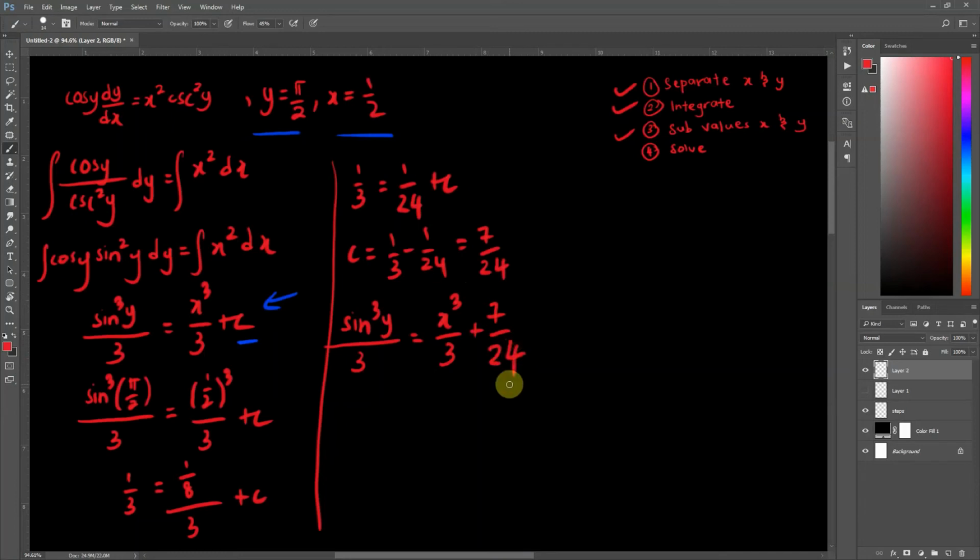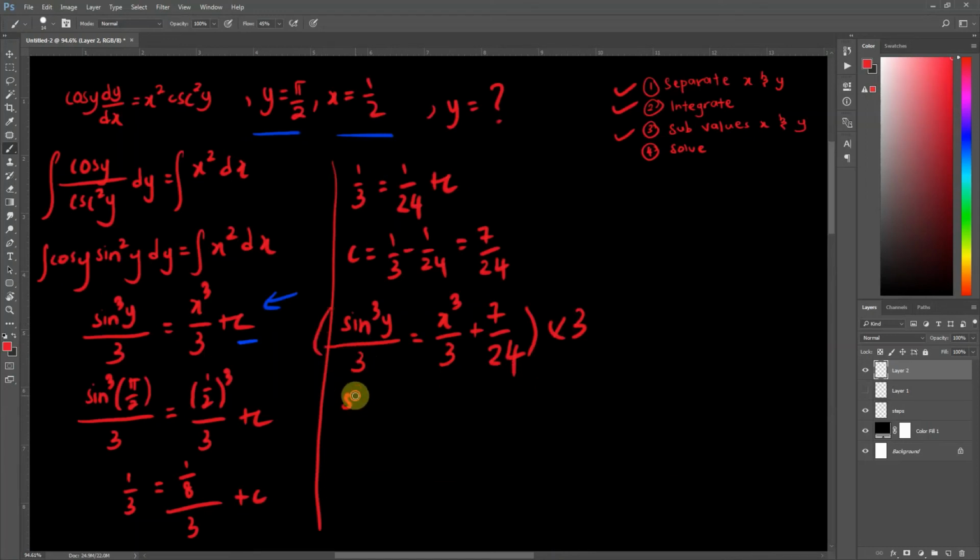Okay, so this is your particular solution, but your question, as usual, wants us to express y in terms of x, so we need to make y the subject. What we can do is multiply everything by 3, because this one has over 3.